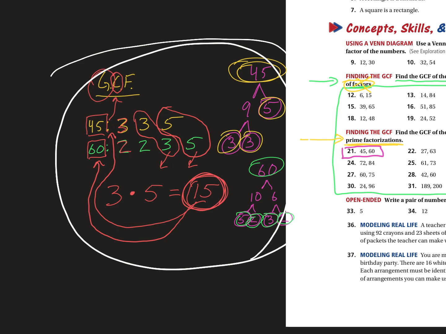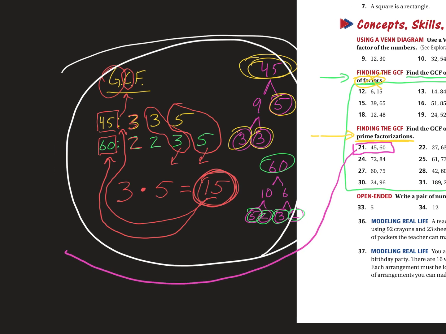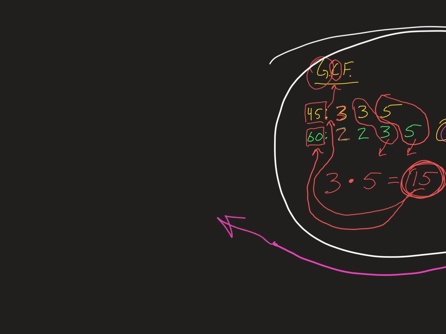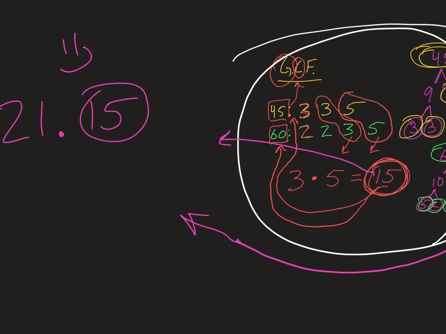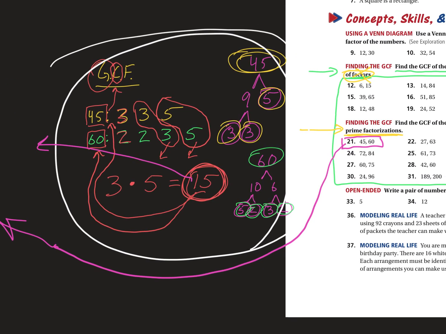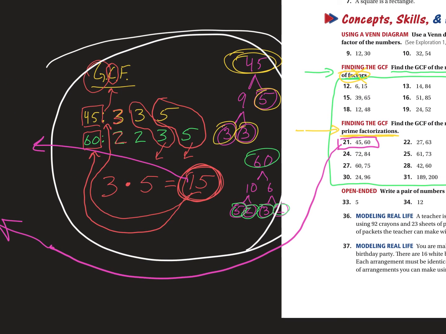So if you're working on number 21, for example, I don't want to see the number 21 with the answer 15 right next to it. That is not enough work to say, oh, I'm done. Okay, I need to see you show your work just like I did here. And it has to be the exact same.